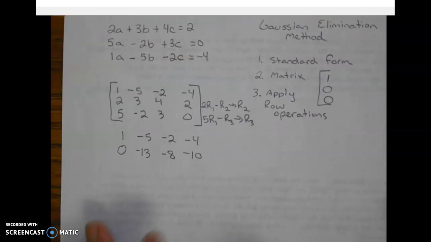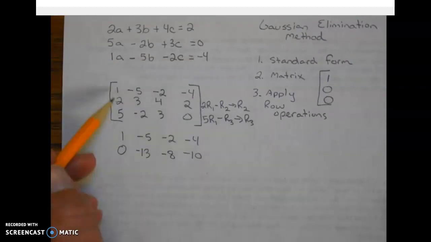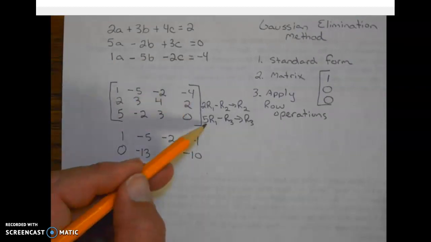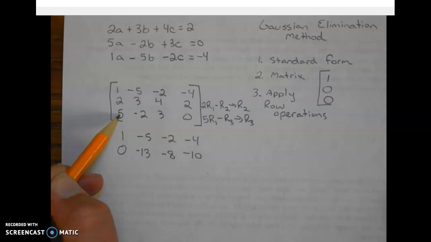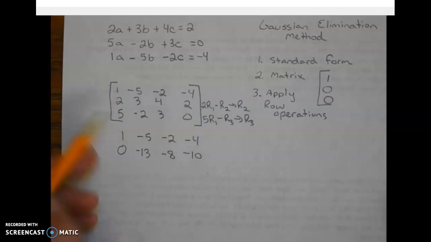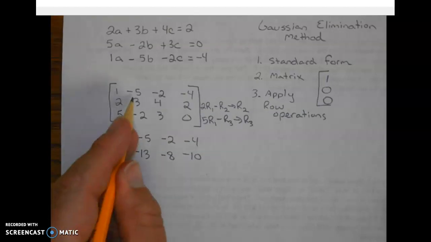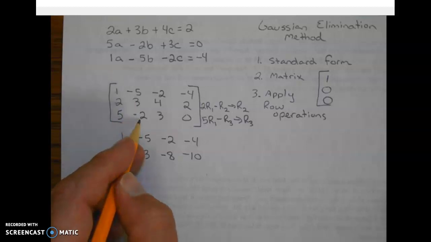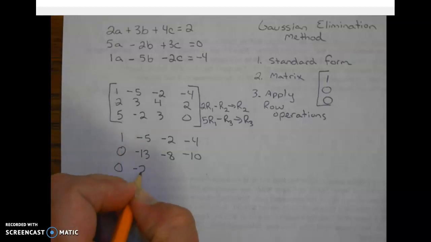Okay, the next thing we want to do is the next operation. So we're going to multiply row 1 by 5 and then subtract row 3. So 5 times 1 is 5, minus 5 is 0. So here we get 5 times -5, which is -25. -25 minus -2 is -23.